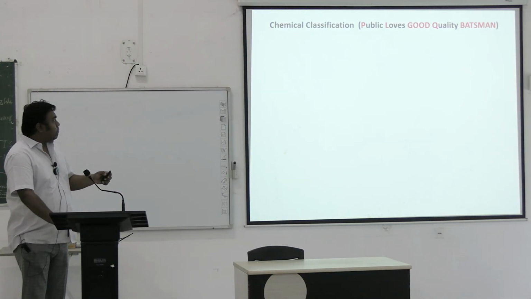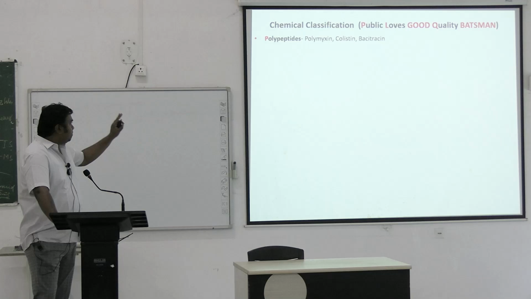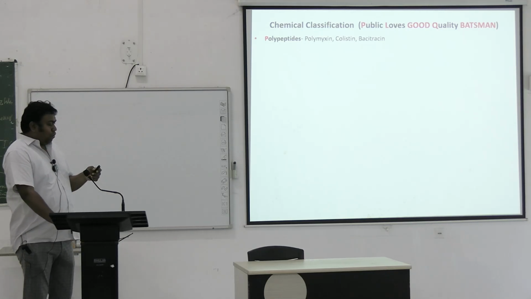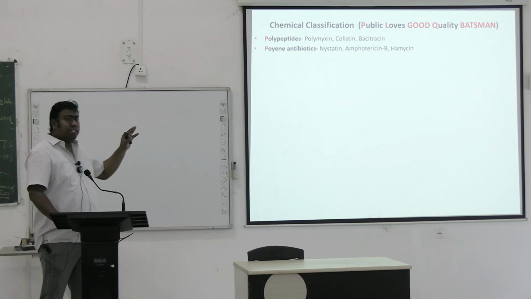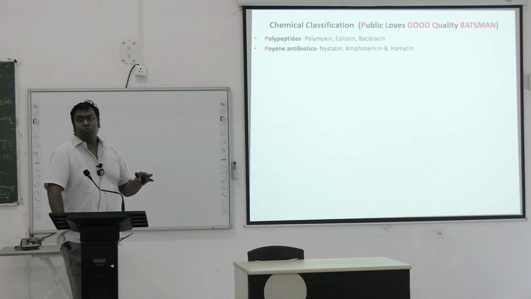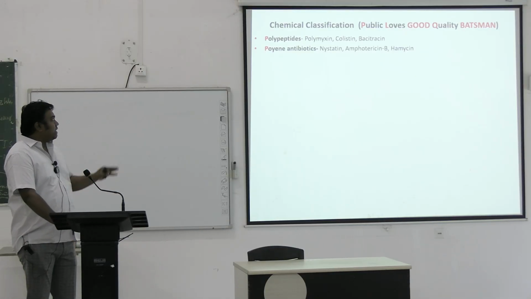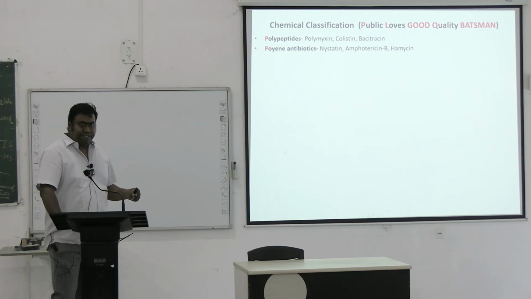You have to remember a few of these polypeptides: polymyxin, bacitracin, colistin. Colistin is nowadays very regularly used in the ICU setup. Polyene antibiotics: nystatin, amphotericin B, hamycin.